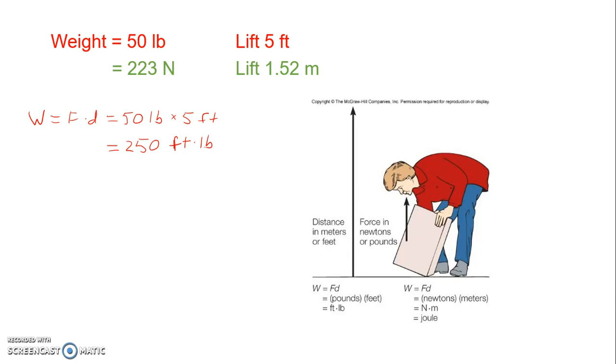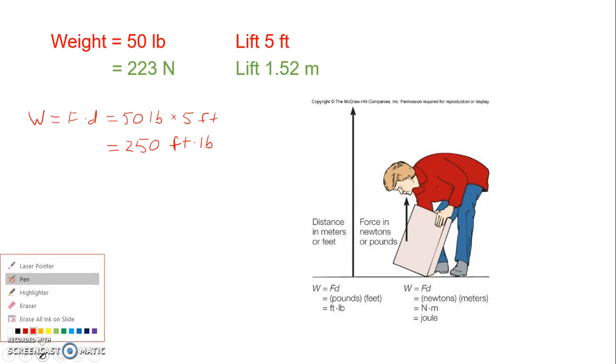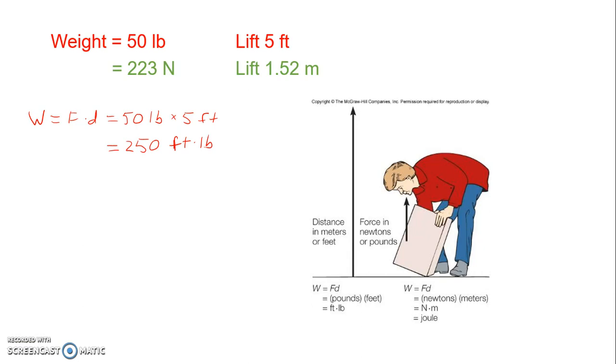Now, we said the unit for work is the joule. That is if we use the metric system, in other words, if we use newtons and meters. So 50 pounds in newtons would be 223 newtons, and then 5 feet off the ground would be 1.52 meters.